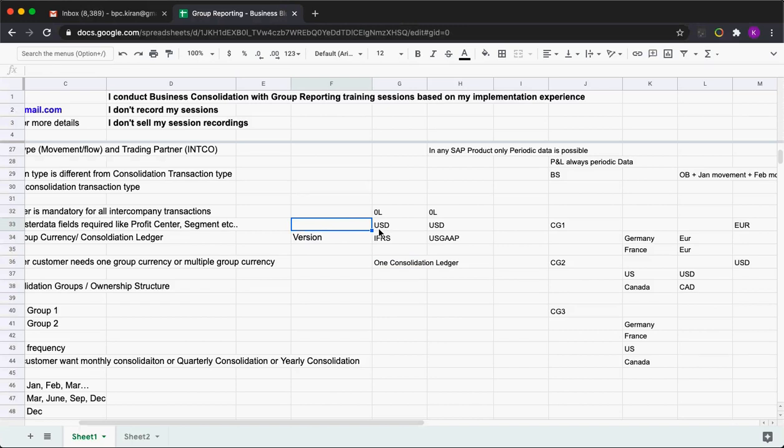But in the group itself, if it is tagged to one consolidation ledger, I can only maintain one currency. So like you mentioned last time, I need to create a new version, so I can use a new currency or a new consolidation ledger with a different currency. You have to use a new consolidation ledger with a different currency. The version can be the same for the same consolidation group.